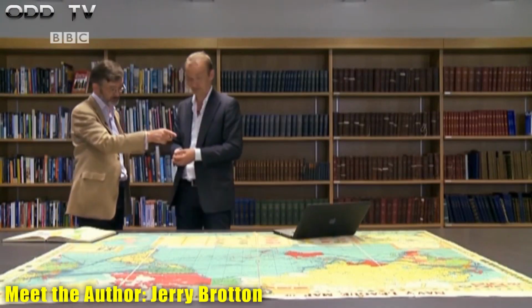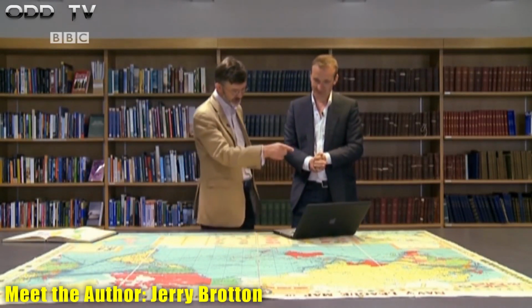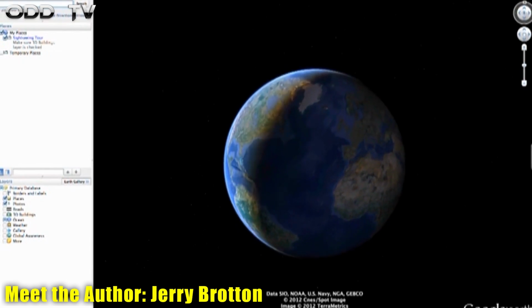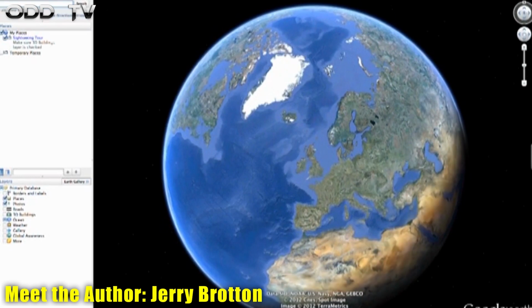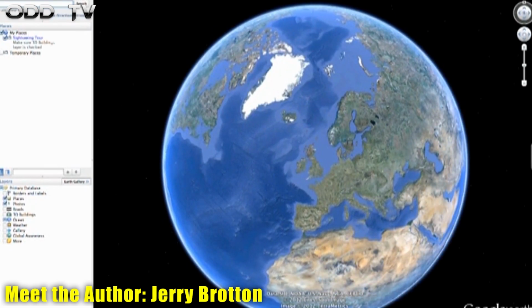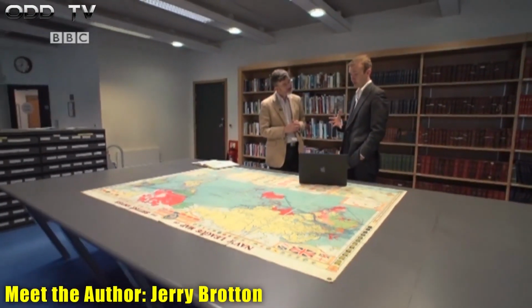All right, here's what looks like an objective image of the world. This is Google Earth, and it's a circular image, so it gets around the big problem of trying to portray the world on a flat surface. Now, you have a lot of reservations, don't you, about Google Earth? Yet, to many people, it's a wonderful application. It is great technology, and that's what I first thought when I started doing the work on it.